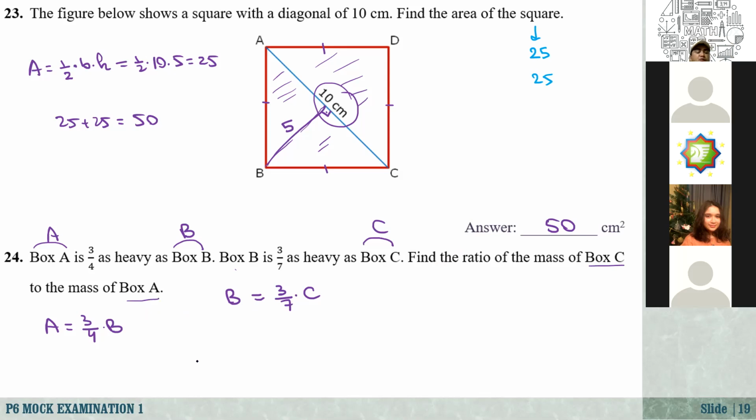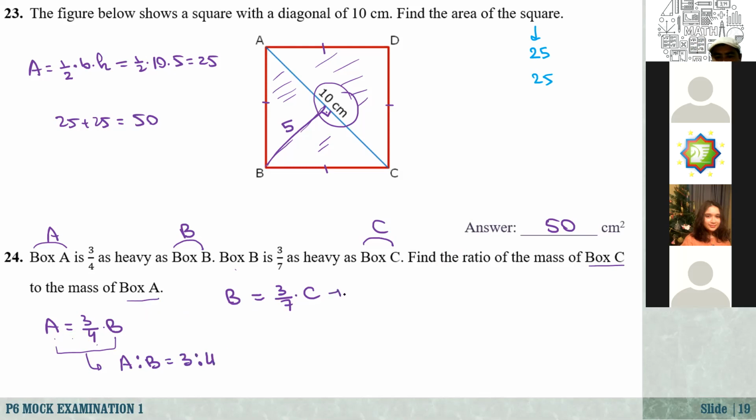Okay, to do this one, from this relationship, if you just multiply both sides by 4, what do we have here? A is equal to 3/4 of B. What does it mean? From here, you should understand that A to B is equal to 3 to 4.